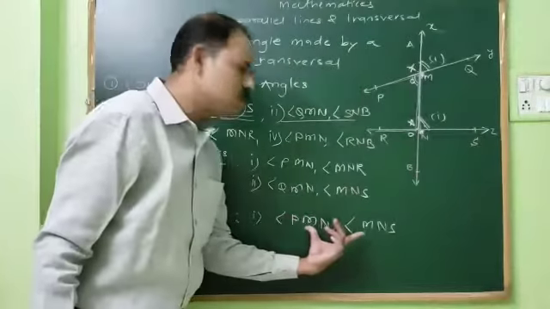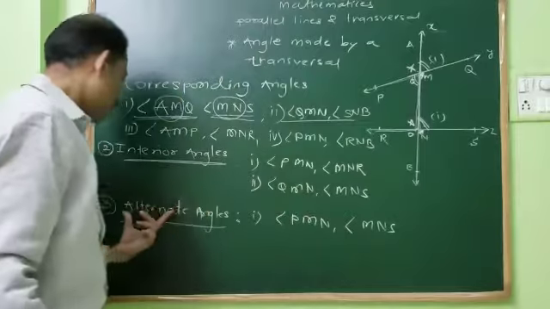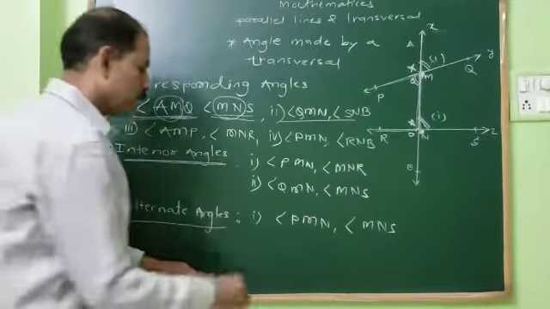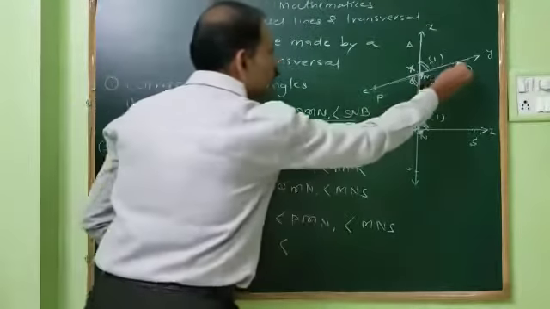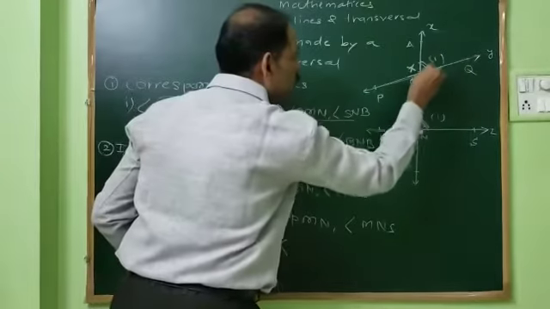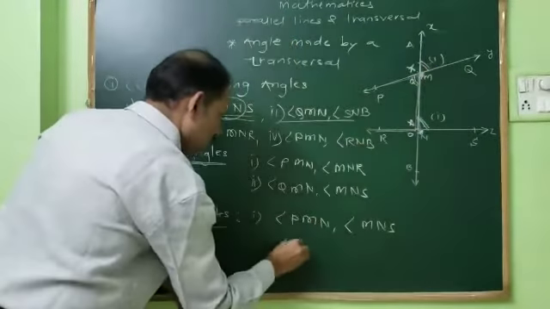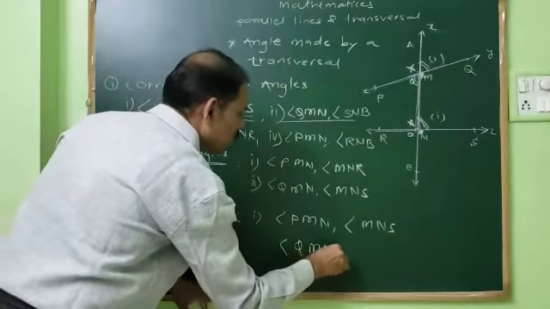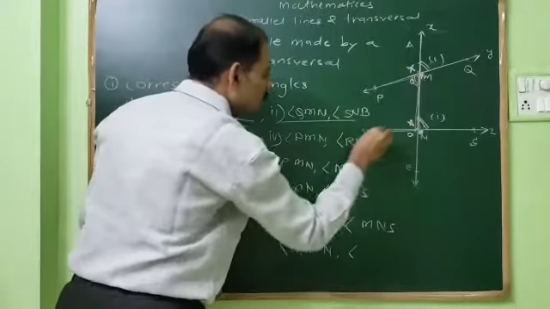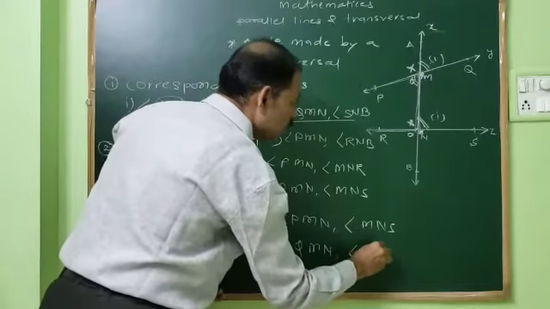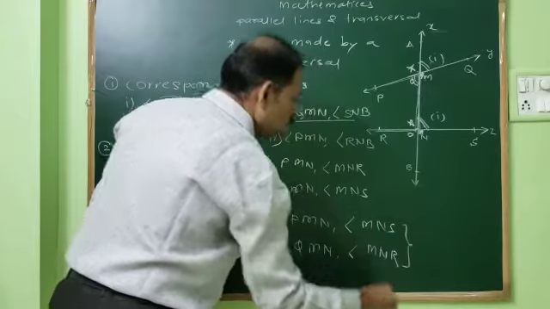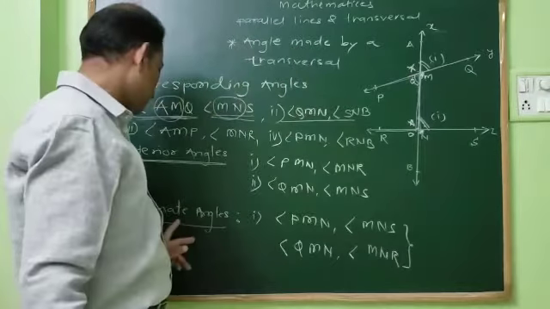So this is the first interior alternate angle pair, and the second is QMN, and its pair is MNR. So these are the two interior alternate angle pairs.